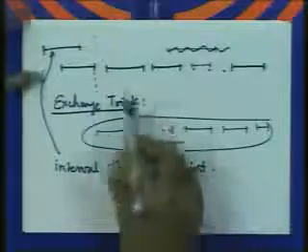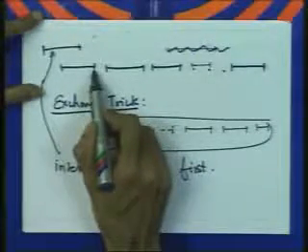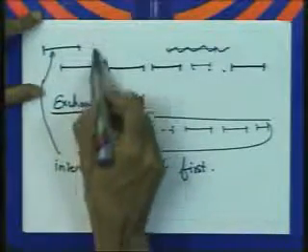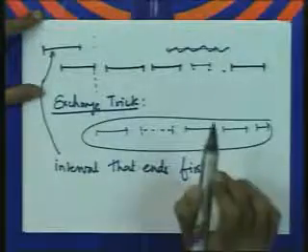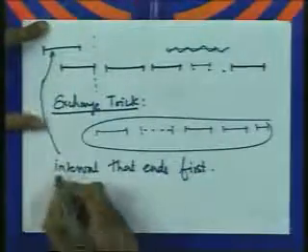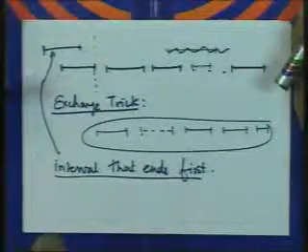This will certainly not intersect with the second interval, because the starting time of the second interval comes after the ending time of the first interval, and the ending time of this interval is either this or before. Okay. So, I can always add the interval that ends first and remove the first interval if need be.